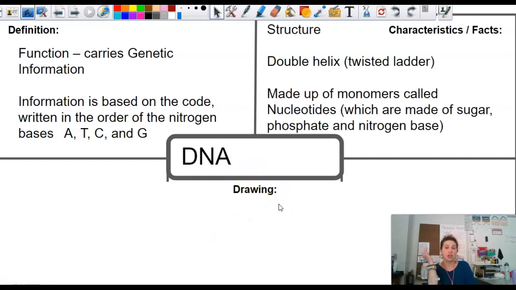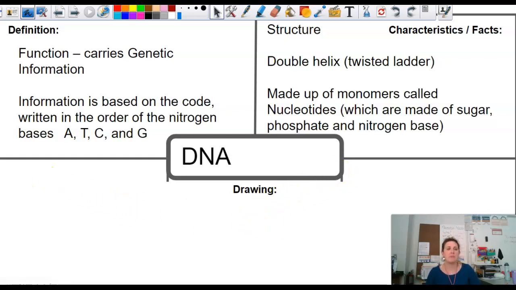The structure of DNA, the shape of it, it is a double helix or a twisted ladder, and it's made of monomers called nucleotides. We talked about nucleotides earlier, way back in Unit 2, but that is the monomer of DNA.